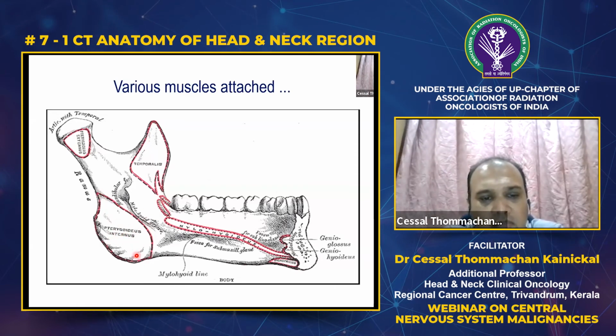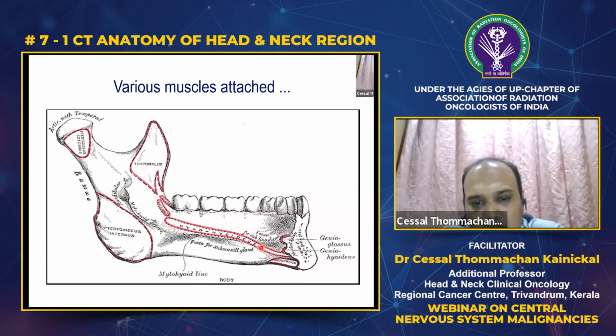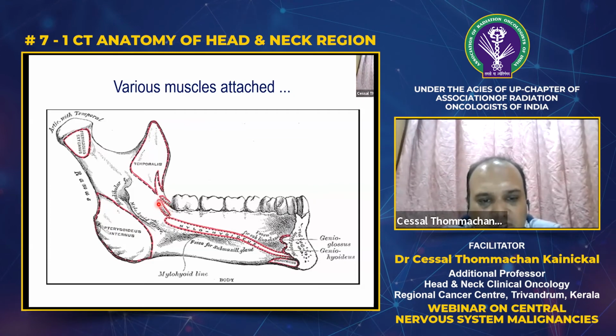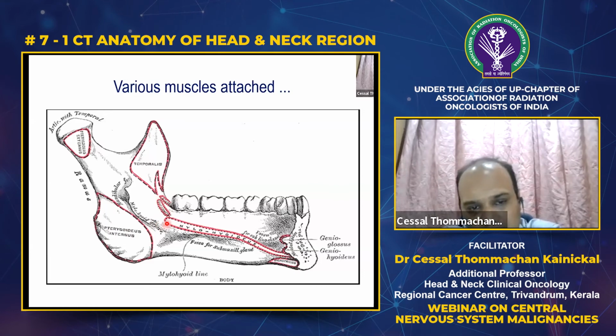Okay, so this is the medial pterygoid muscle. Then you have the mylohyoid muscle. This is called the mylohyoid ridge. I told you there is one insertion of a tendon posterior to the mylohyoid ridge. This is the origin of the superior constrictor muscle and also the insertion of the pterygomandibular raphe.